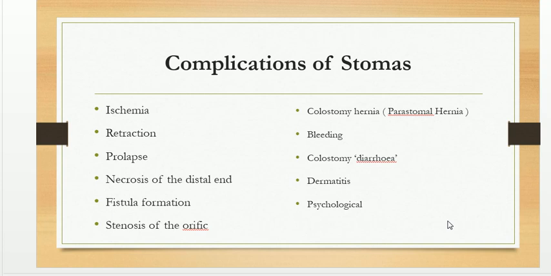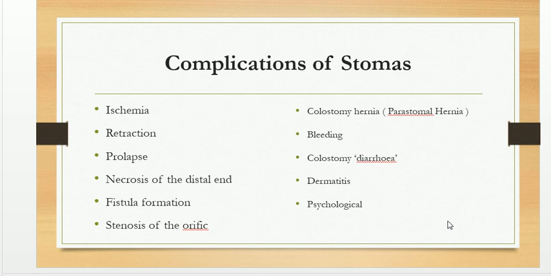Stomas can bleed. A lot of bleeding can occur from the stoma due to erosions, so bleeding is another complication. Colostomy diarrhea is one complication of stoma. We label it when there is diarrhea in the patient, especially with colostomy. So we say that the patient is having colostomy diarrhea.